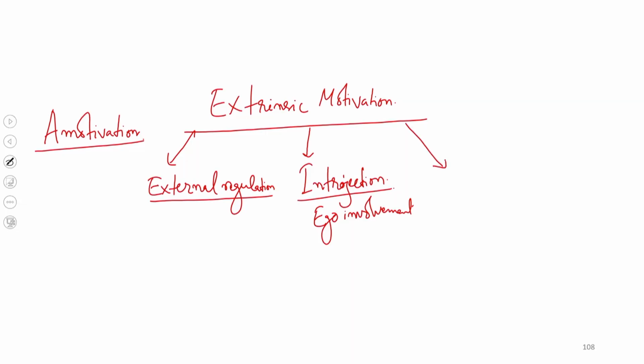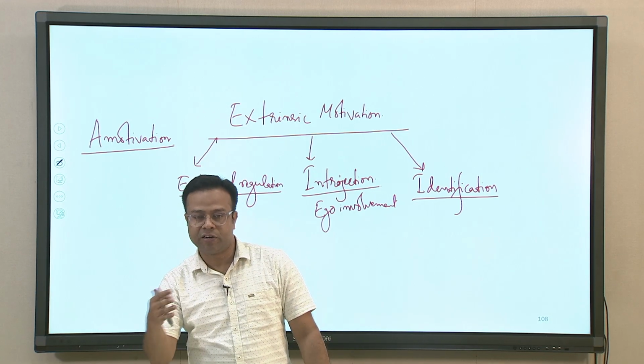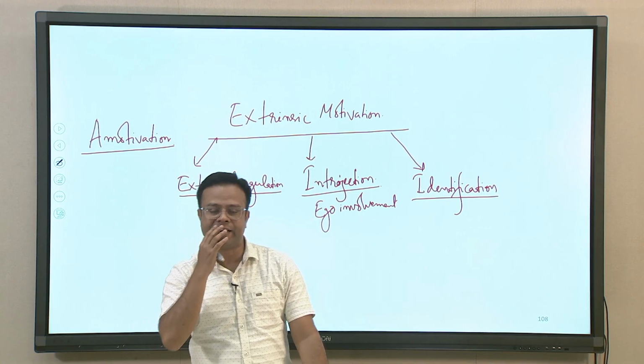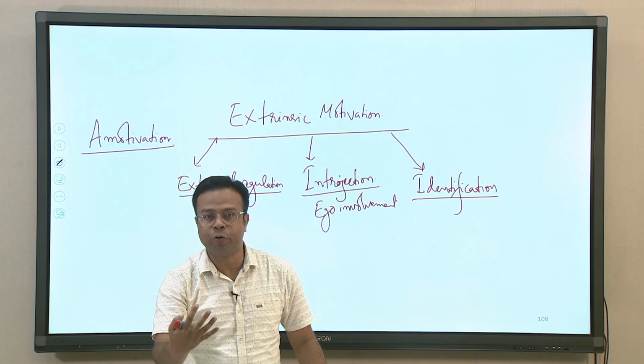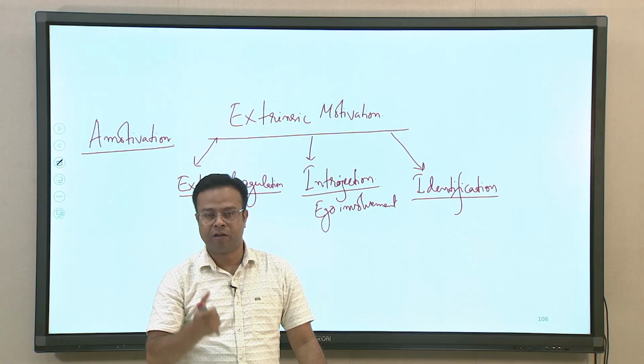Then comes something called identification. In this case it has become a little bit more internalized, a little bit more intrinsic. In identification, actions are guided by conscious choice and conscious valuing of the actions.